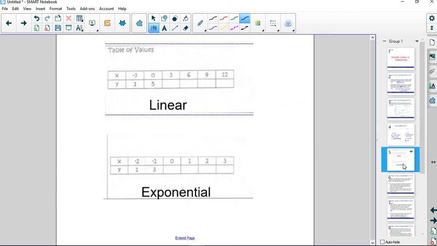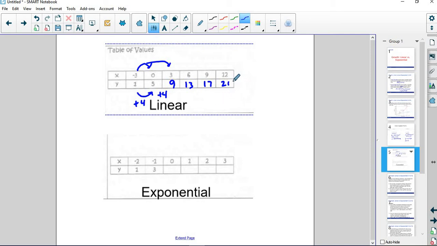So, example here, linear growth. As x is going up by 3 every single time, negative 3 to 0, 0 to 3, 3 to 6, 6 to 9, what does it look like y is going up by? It looks like y is increasing by 4. We're told it's linear. So that means we just add 4 again. So the next number is 9, and then we add 4, we get 13, 17, and 21. Okay?